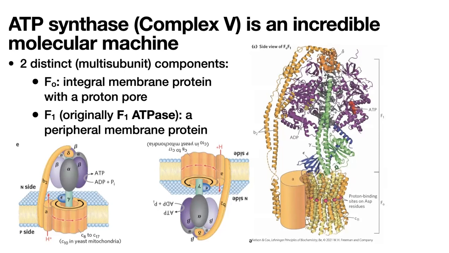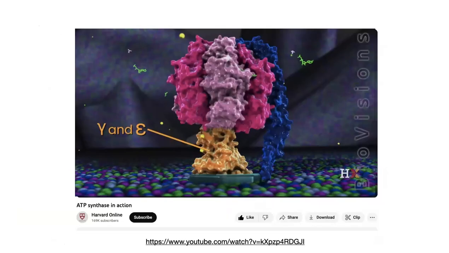And it turns out that if you don't have this proton gradient powering things, then you'll see that you can get things moving in the opposite direction. But we're going to be talking mostly about the forward direction, when we're making ATP from ADP and inorganic phosphate.